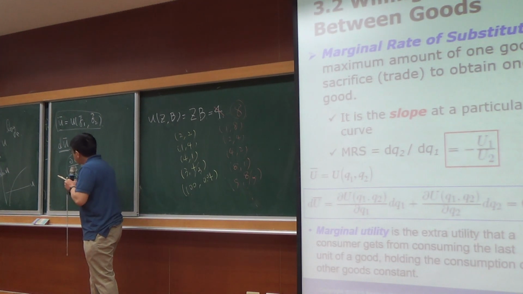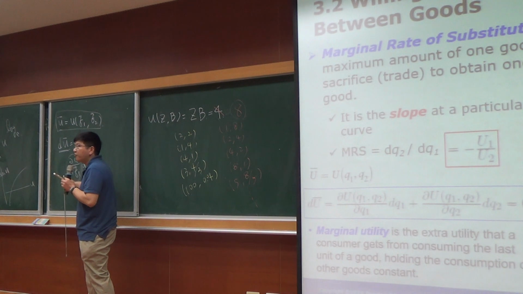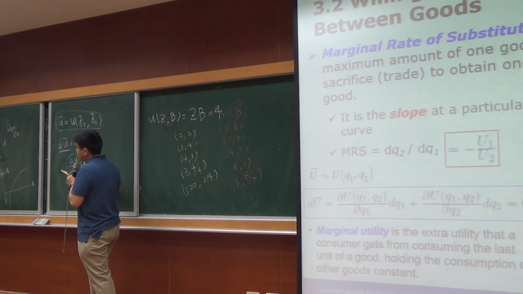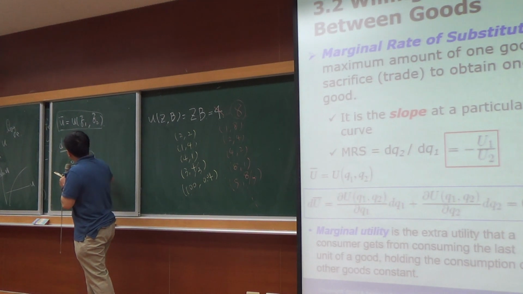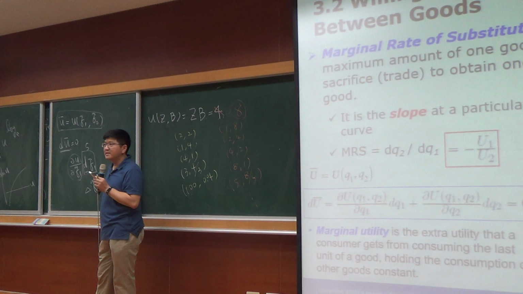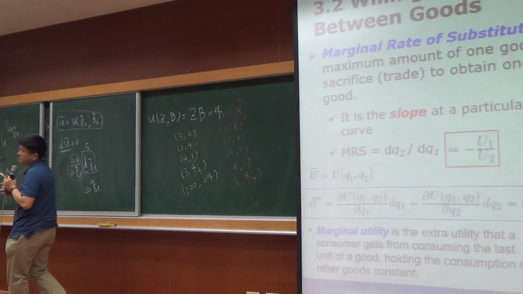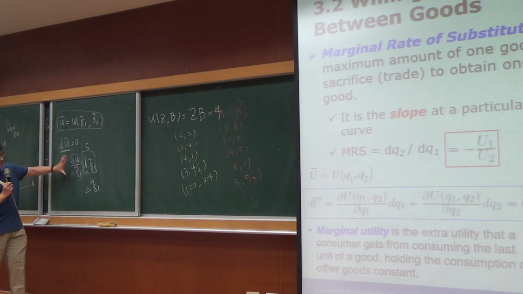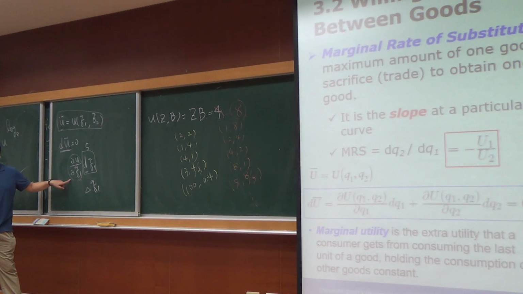Okay, so it is the influence of per unit of change in Q1. If the change in Q1 is actually 5, then it's 5 times of the influence. Is that clear? Once again, this item is the influence of per unit change in Q1 on U.